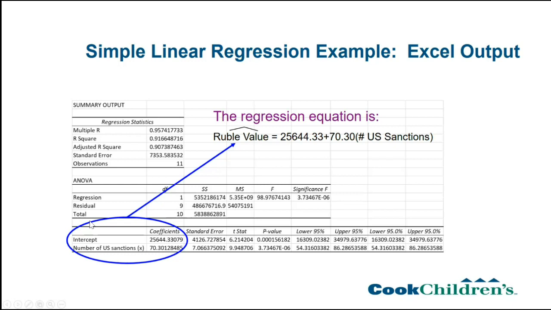Just to highlight here, the coefficients of the intercept, that's your B0, and then for your number of sanctions here, 70.3 is the slope of your line. So this is your basic regression equation here: the value of the ruble equals the y-intercept plus your slope times the number of US sanctions.